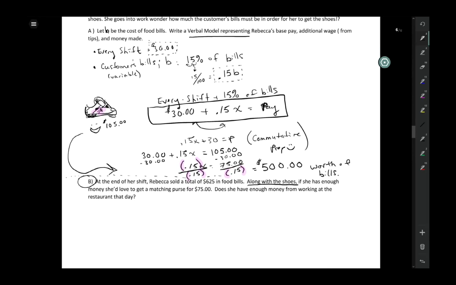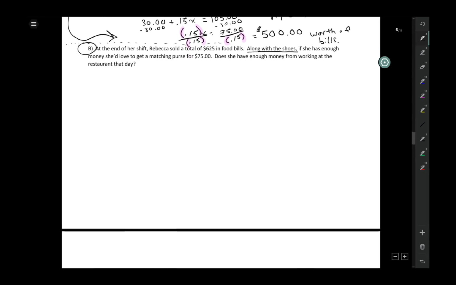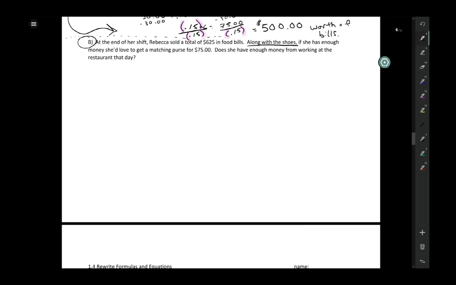Rebecca and her shoes. End of her shift, Rebecca sold a total of $6.25. So X, or B, equals $6.25. Along with the shoes, does she have enough to get a matching purse?